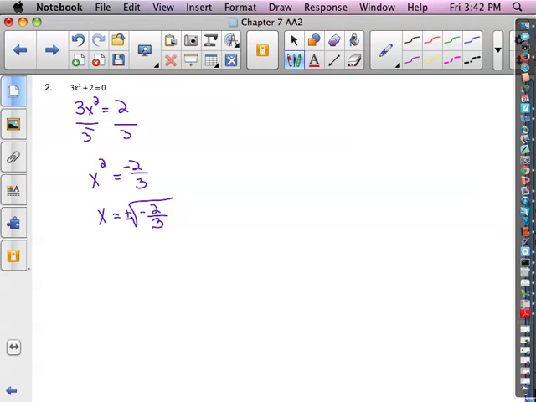So when you look at this, then x is equal to plus or minus i square root of 2 over square root of 3. Rationalize that denominator by multiplying by root 3. And your answer is plus or minus i square root of 6 over 3. Handle that exactly as we had handled those in the previous chapter or in the previous sections.